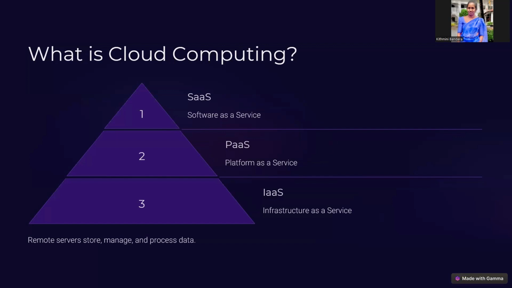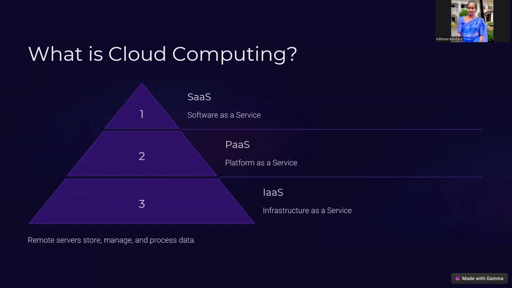And there are three main types of cloud services. IaaS, infrastructure as a service. It provides the servers and storage. For example, Amazon EC2. Then another one is PaaS, platform as a service.